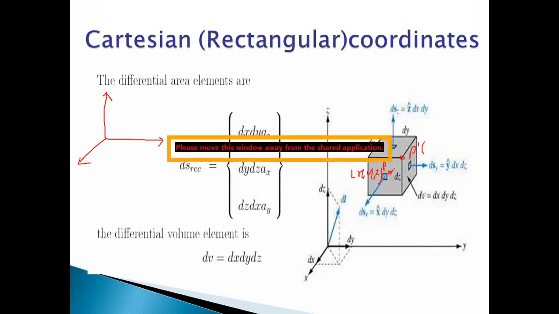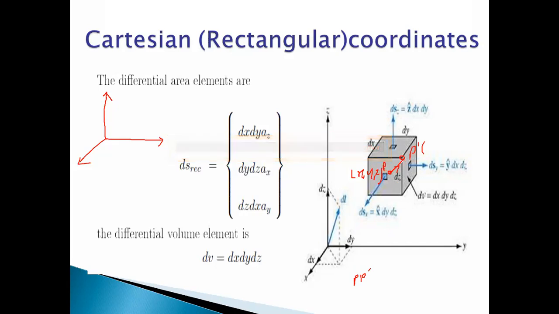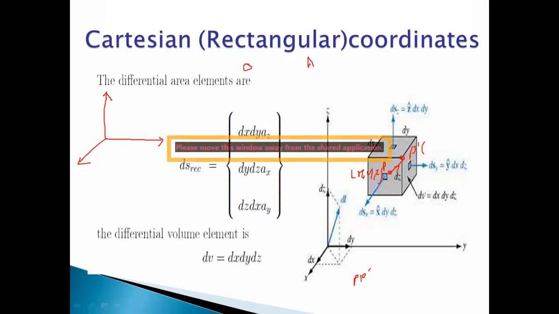So when we are considering this vector, that is P to P dash, and P is having x, y, z coordinates, then when we are going from point P to point P dash, its length is increased, right? Its length is increased, like when we are considering any vector from 0 to point A, its length is increasing.